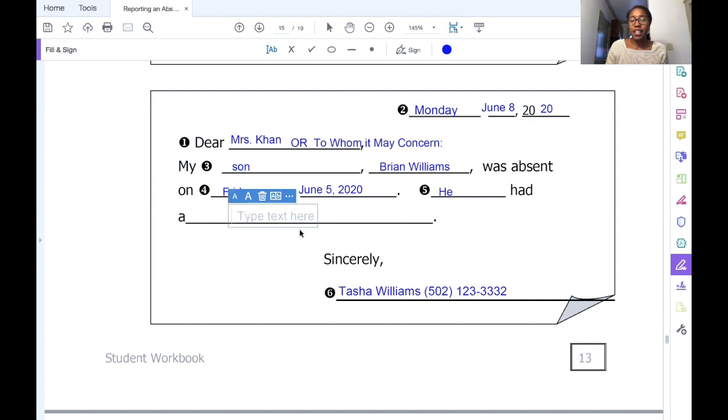We can say he had a funeral. A funeral. We could also say he had a wedding ceremony for his sister.